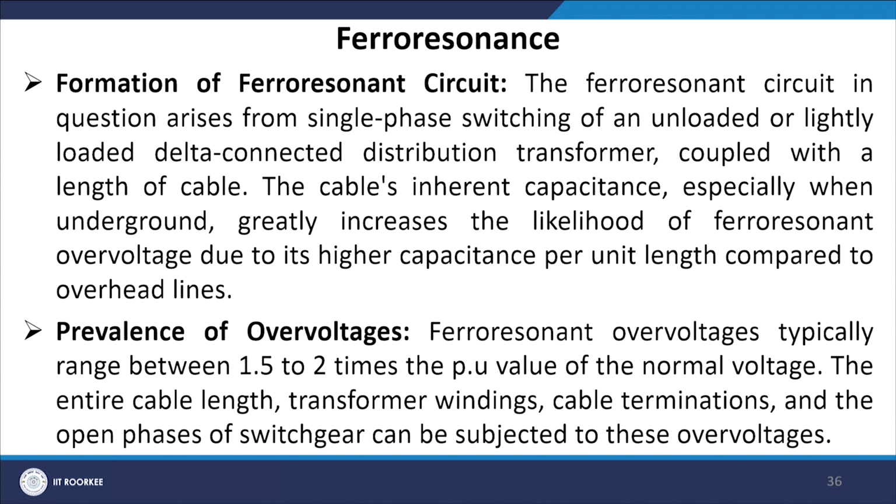Now, ferroresonant overvoltages typically range between 1.5 to 2 times the per unit value of the normal voltage. The entire cable length, transformer winding, cable termination, and the open phase of the switchgear can be subjected to these overvoltages.